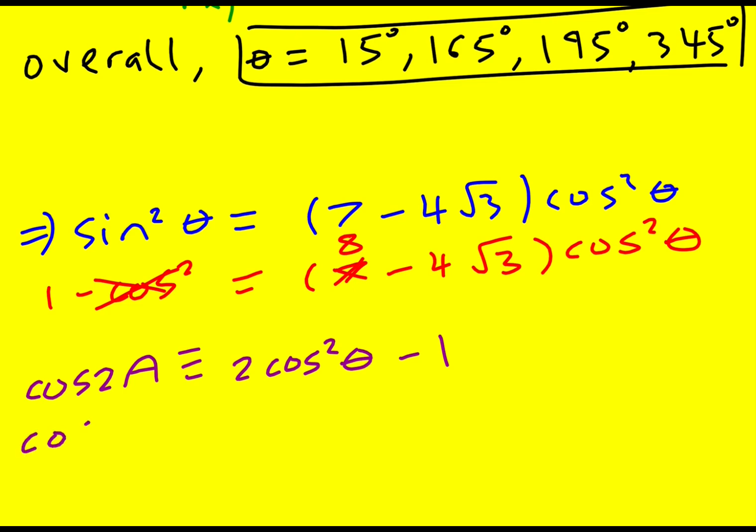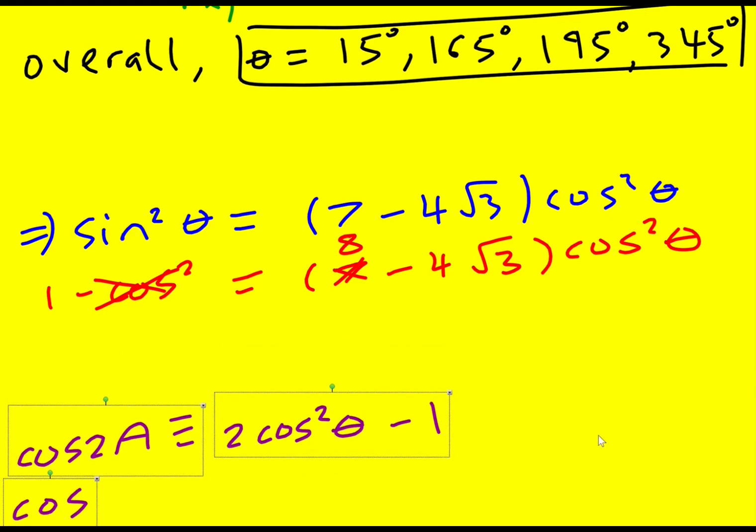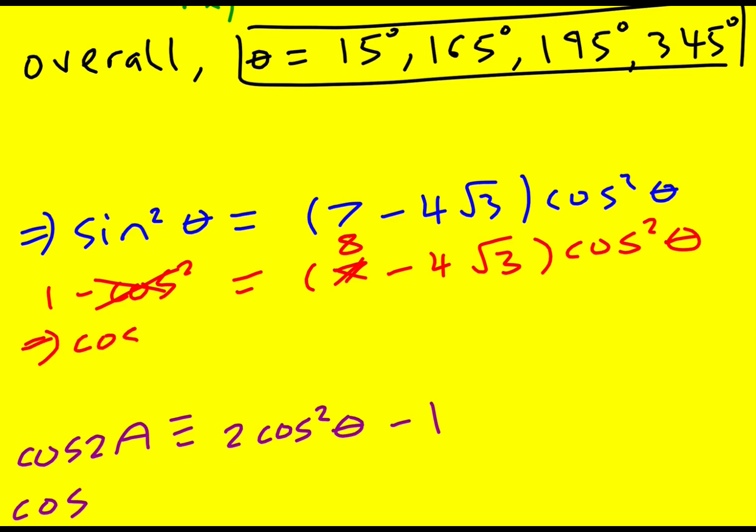And therefore, basically, we can deal with that. We can write down that cos squared here. I can replace it. I can leave that 1 and divide by the 8 minus 4 root 3.